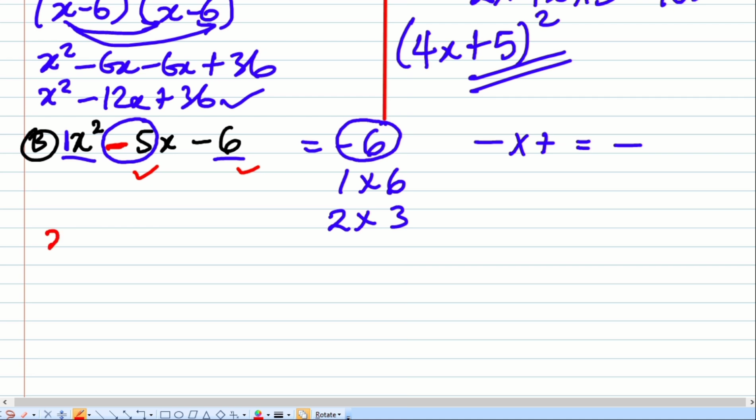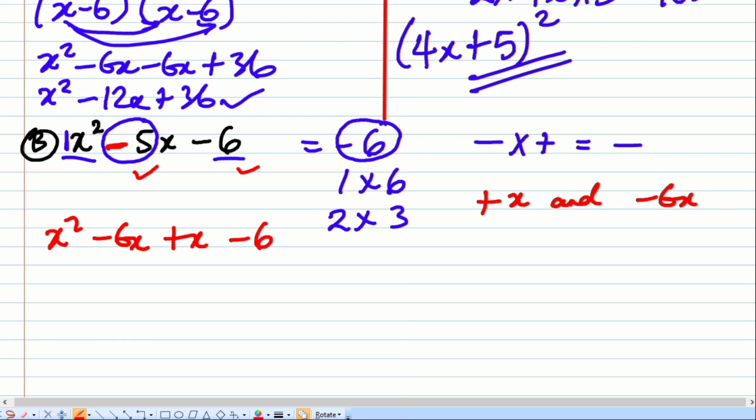So we can just rewrite this expression and say this is x squared. Instead of writing minus 5x, we're going to write minus 6x and plus x, the two factors that gave us that minus 5x. So we have minus 6x plus x minus 6.